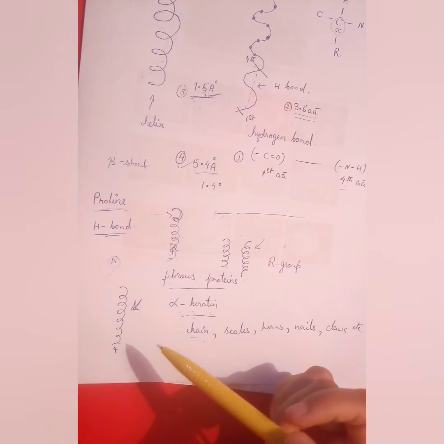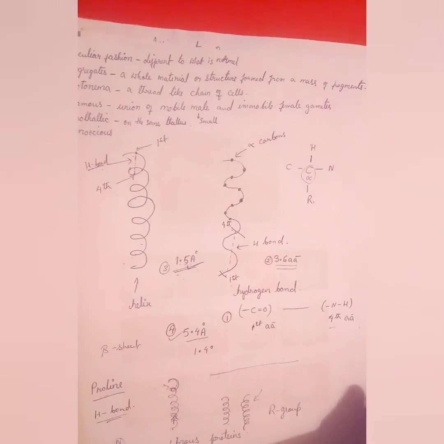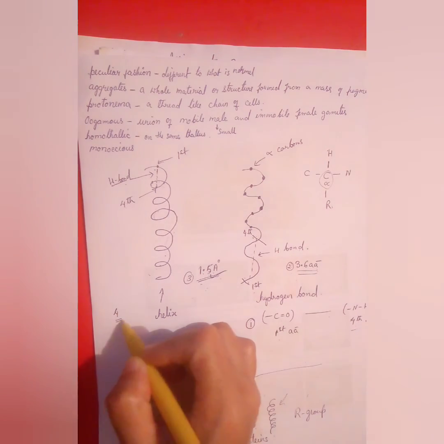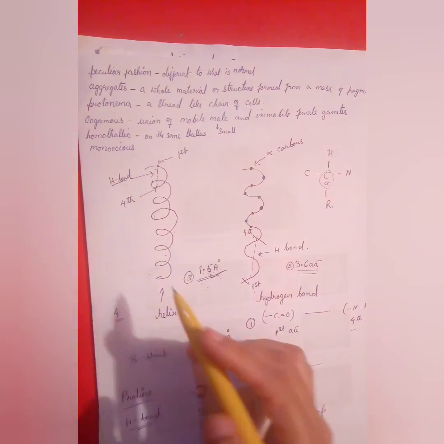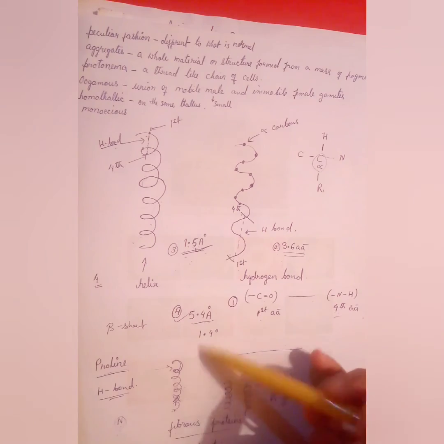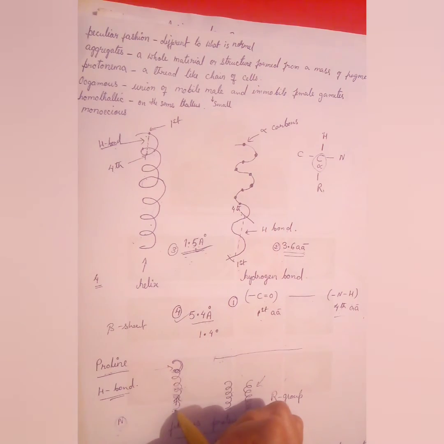Now, different proteins have different amounts of polypeptide chain, right? I gave you an example last time: hemoglobin, which has 4 polypeptide chains. Here in the alpha helix, too, different proteins have different amounts of polypeptide chain folded into alpha helices.